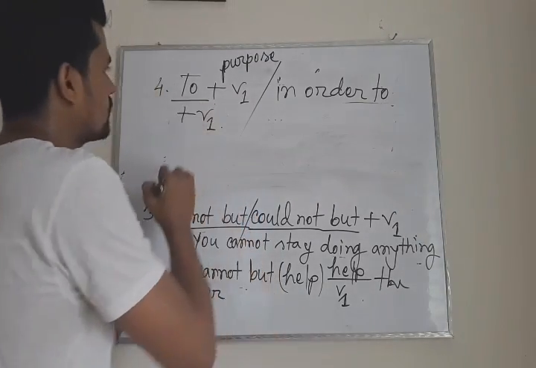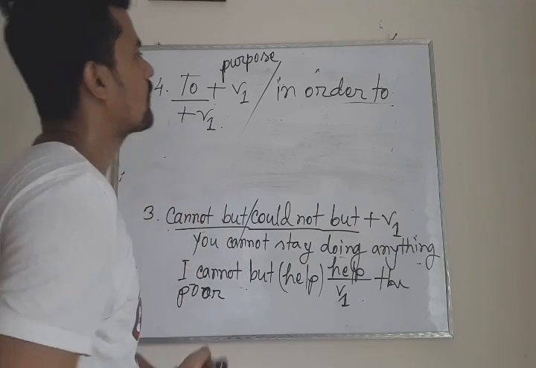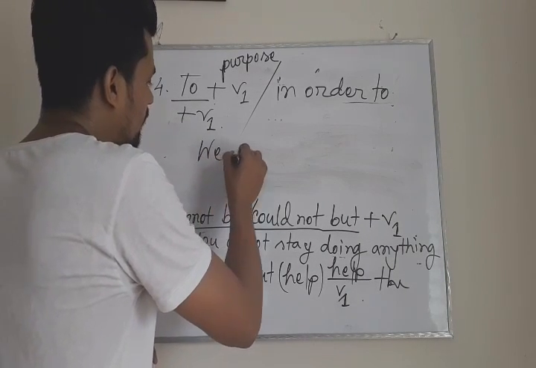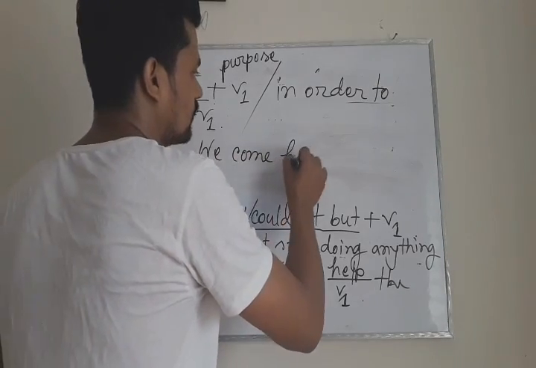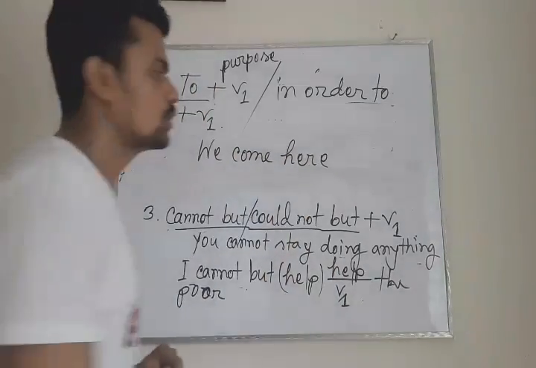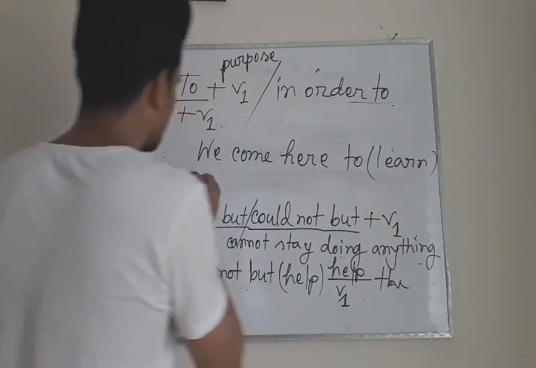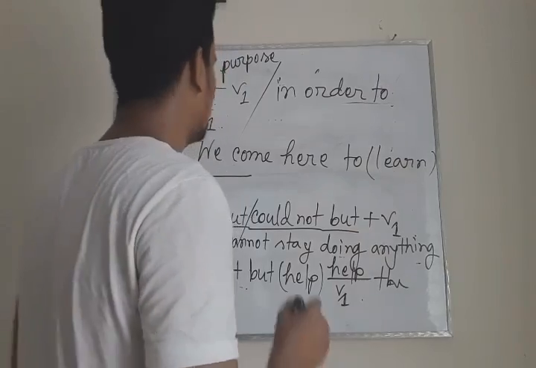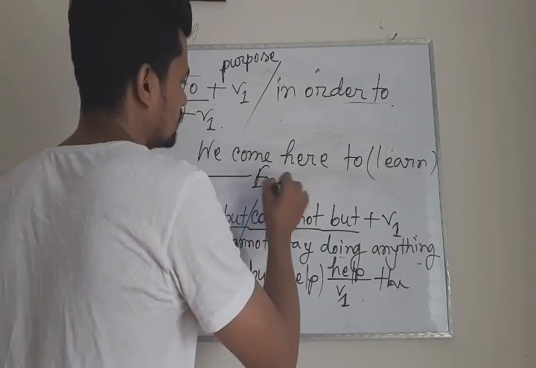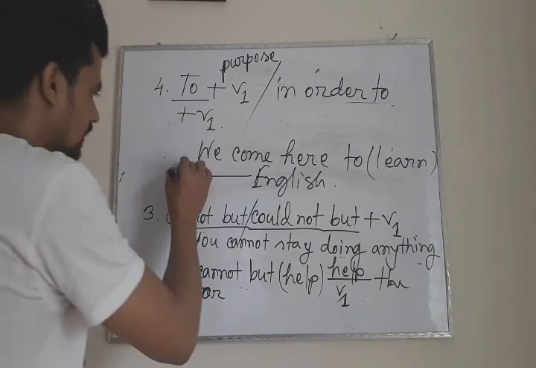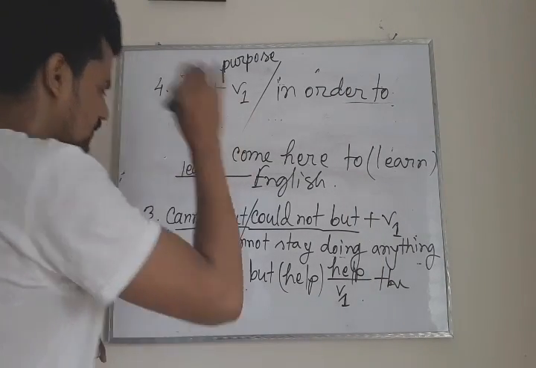Such as, we come here to learn English. To plus V1, so we write the V1 form.